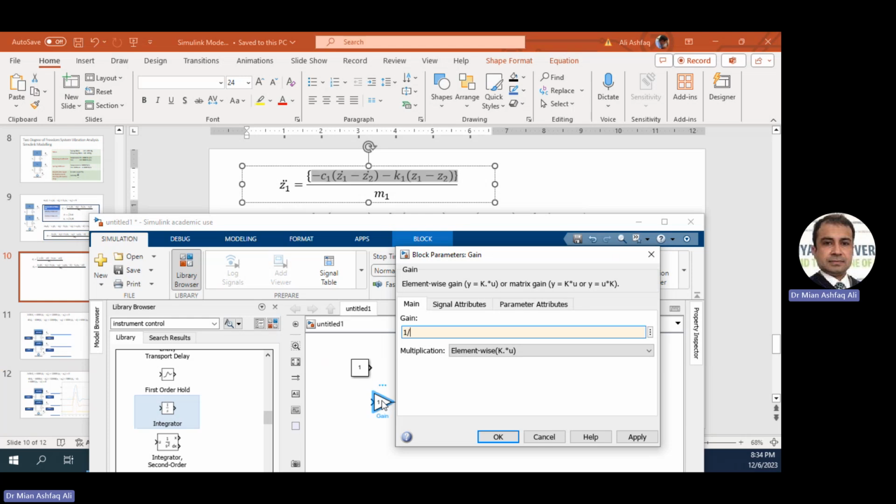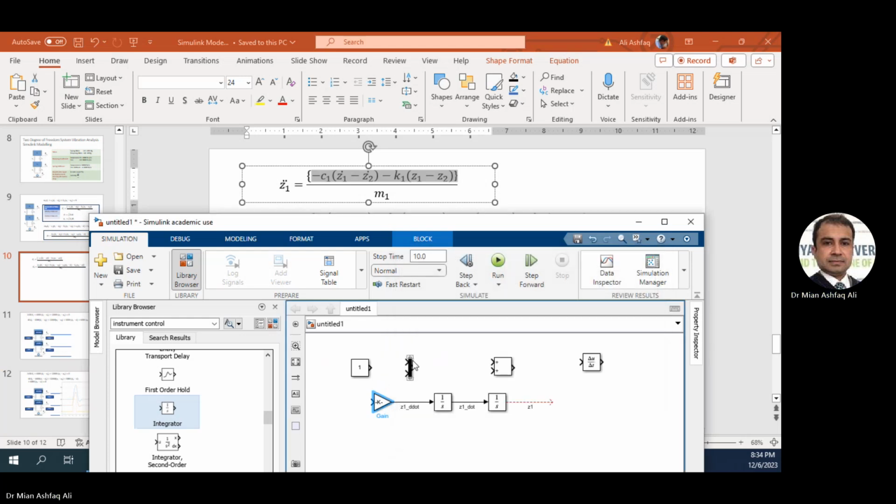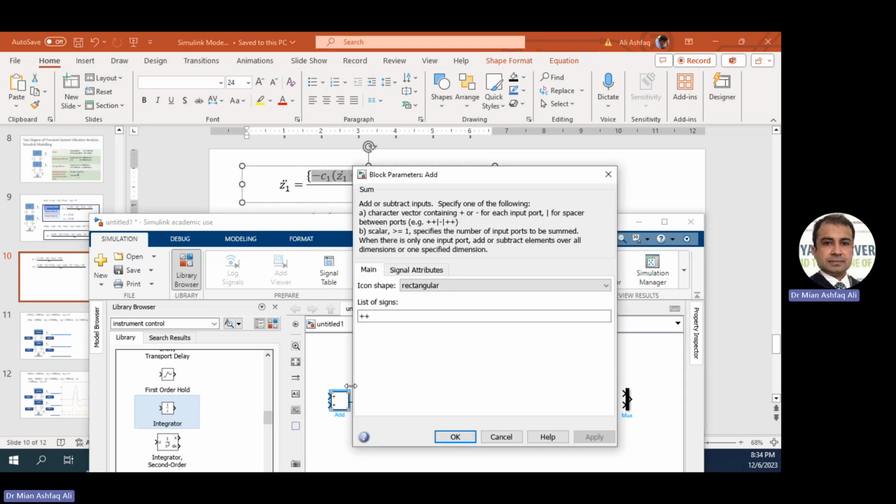The numerical value of m1 is 430. This comes from two sources, two forces, so I can connect those two forces, and both of those forces are negative. So I can just put a minus minus sign here.